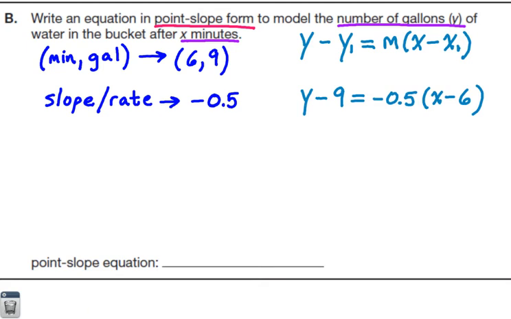And I'm essentially going to write the exact same thing because they are asking specifically for this form. Okay, so we notice again we plugged in the slope or the rate in for m. We plugged in the x coordinate of a point in for x1.